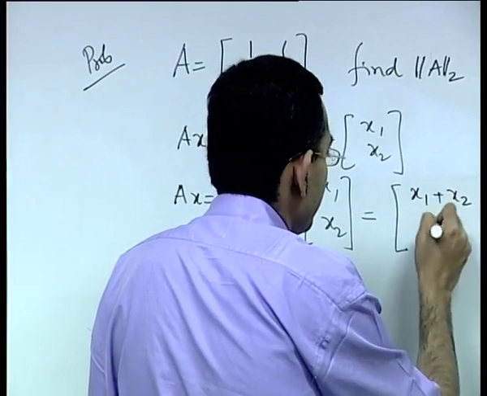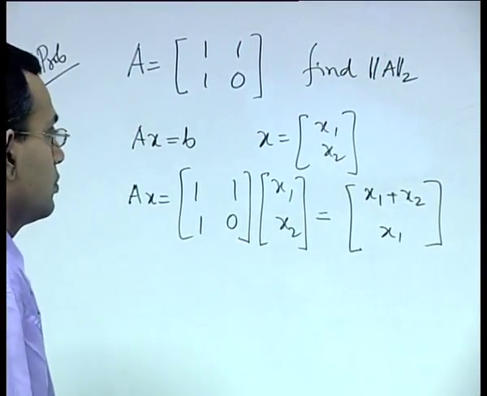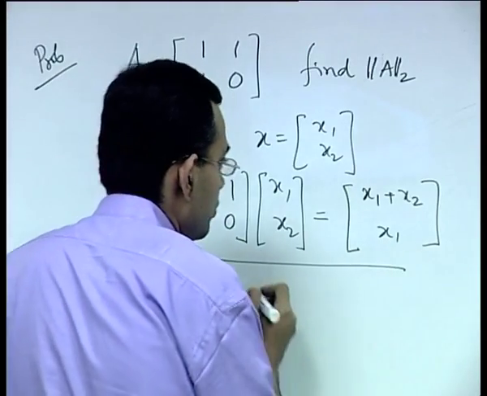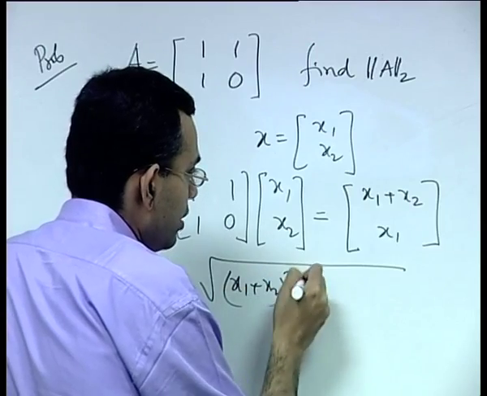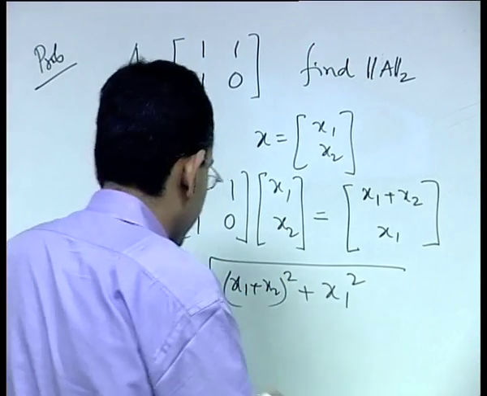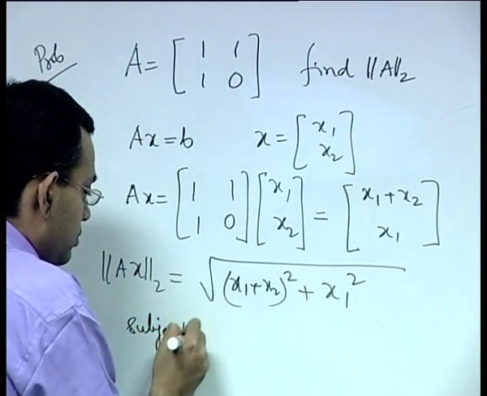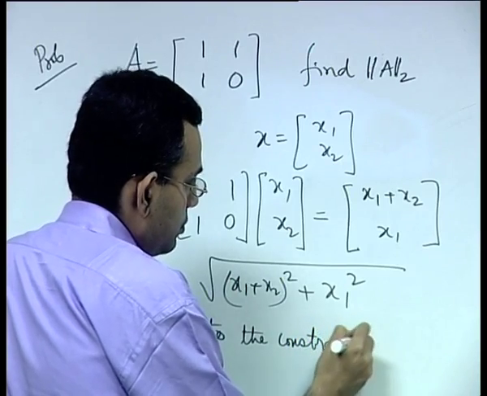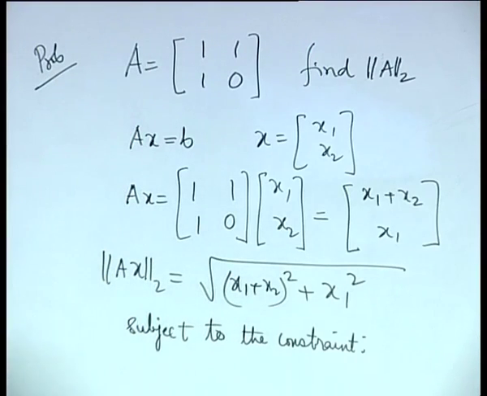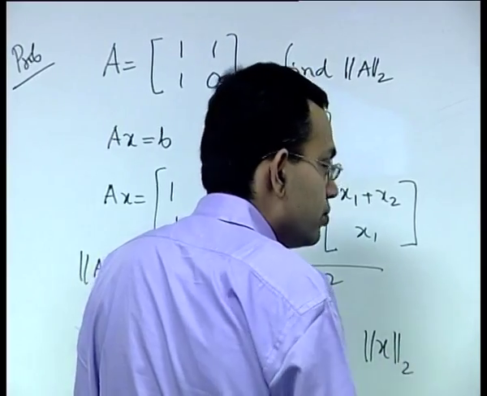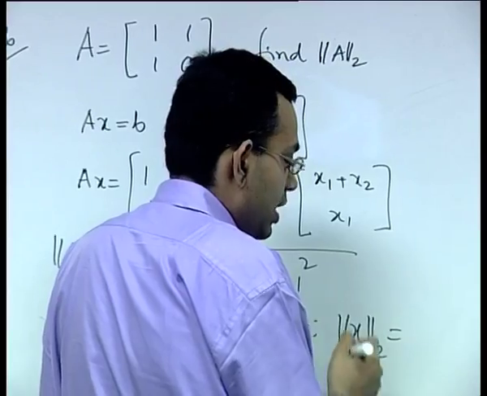x1 plus x2 and x1. So, the second norm of Ax will be square root of (x1 plus x2) whole square plus x1 square, subject to the constraint that the norm of x, the second norm of x, is equal to 1.